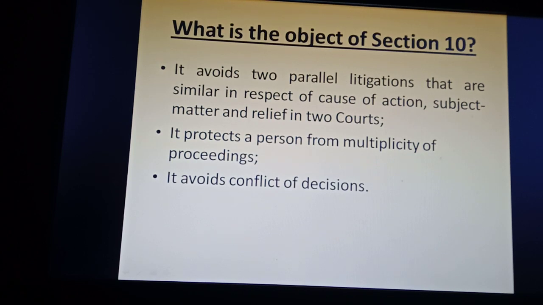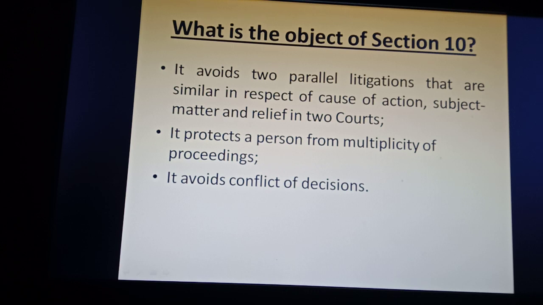What is the object of enacting section 10? The first object is that it avoids two parallel litigations that are similar in respect of cause of action, subject matter, and relief in two courts. The second object is that it protects a person from multiplicity of proceedings.